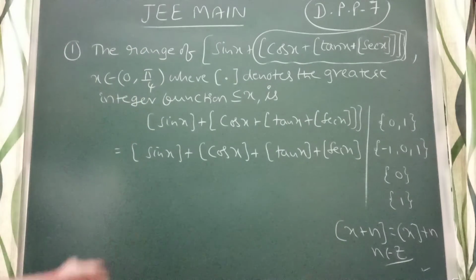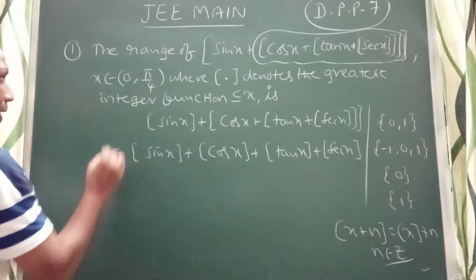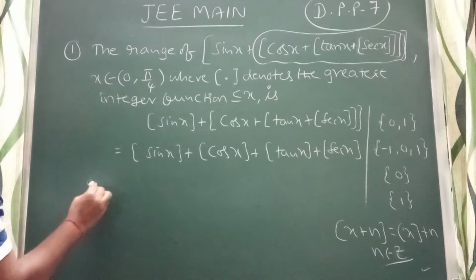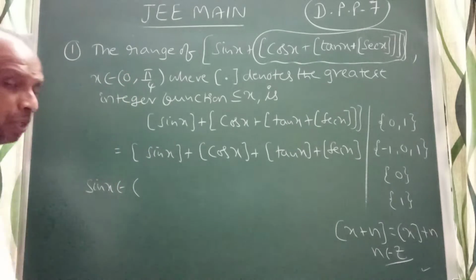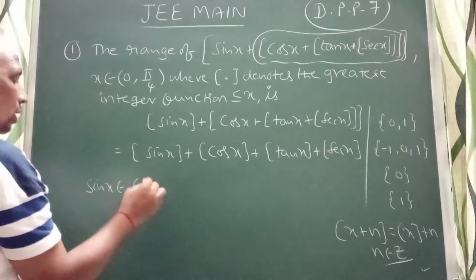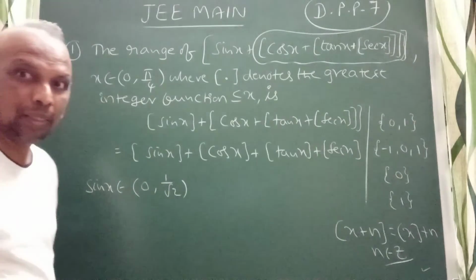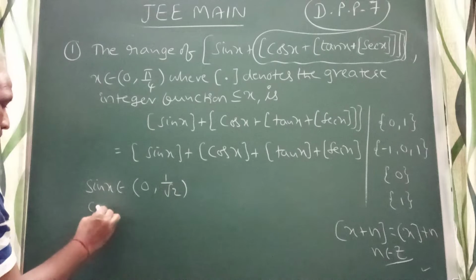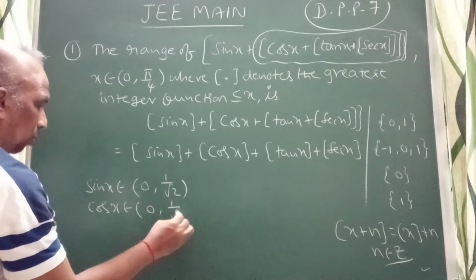But we know the range of this. We know x belongs to (0, pi by 4). So sin x belongs to (0, 1 by root 2), and cos x belongs to (0, 1 by root 2).